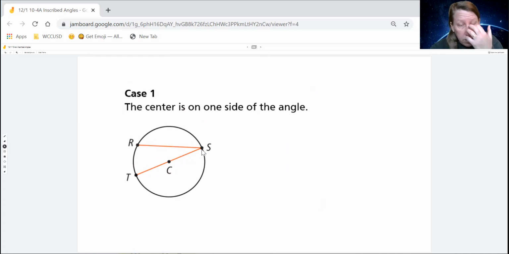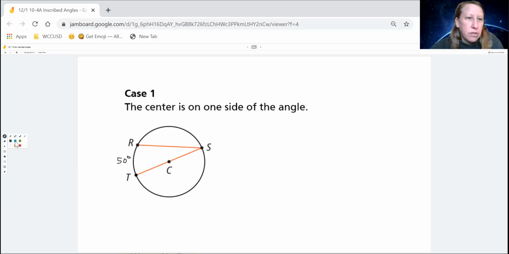Right now, our inscribed angle is angle S. I'm just going to play with this for a second. I'm making up a number, and I'm going to tell you the measure of arc RT is 50. I just made that up. And what I want to know is, what is the measure of angle S? How is this arc related to this angle measure?